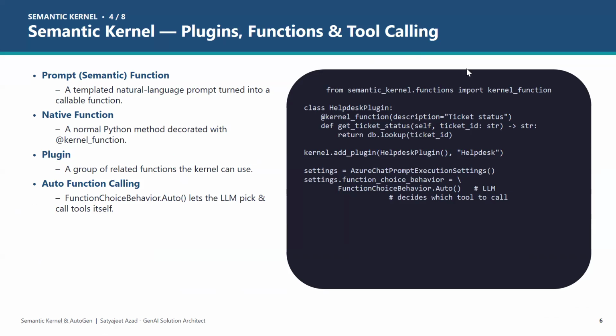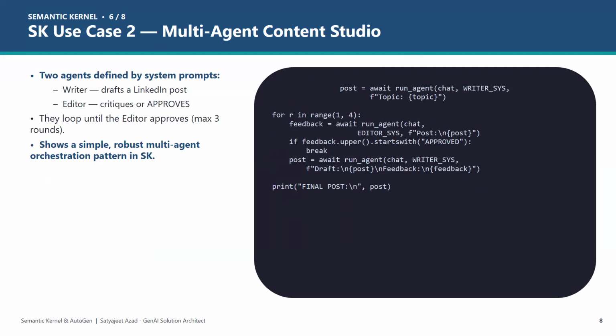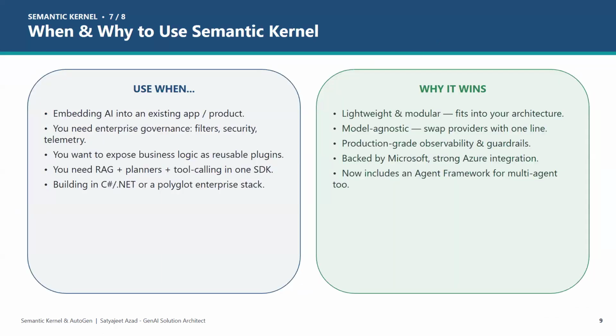Yes, sir. Okay. So we have seen this prompt, native functions, plugins. They are just code that I have explained to you. So when do you typically use this Semantic Kernel? If you have applications where you want to add these plugins, because it gives you the flexibility of native function and native plugin creation, you typically use it.